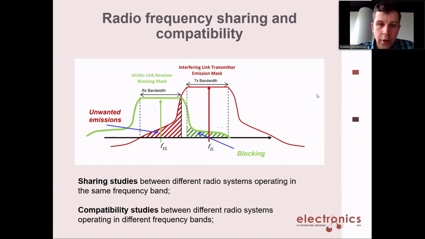Electromagnetic compatibility can be performed in two ways. There are sharing studies, when the systems use the same frequency band, meaning we have a limited frequency band and systems would like to share it. And there are compatibility studies, when the systems operate in different frequency bands.